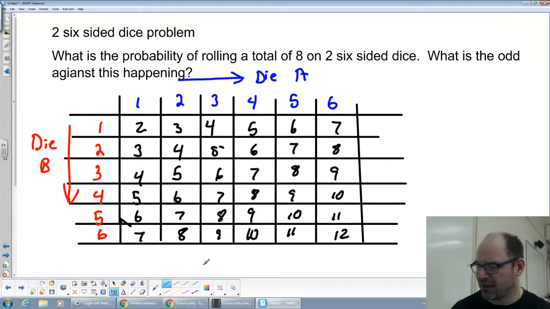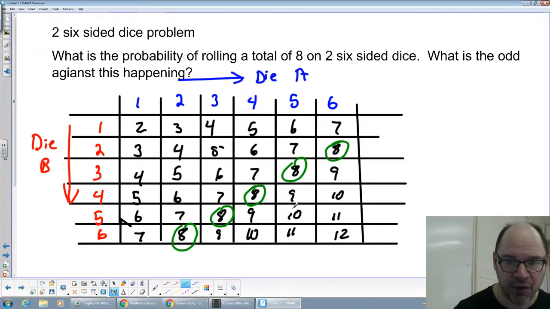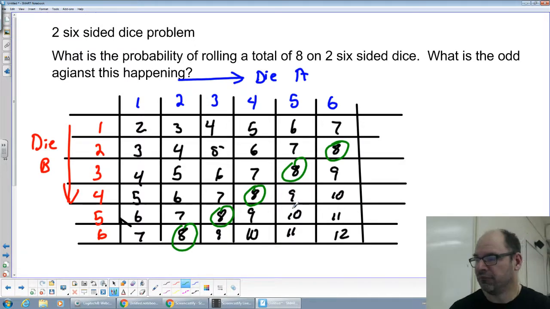So we can see in here that we have 1, 2, 3, 4, 5 favorable outcomes from 36. So our probability of rolling an 8, I guess we could just use green there.